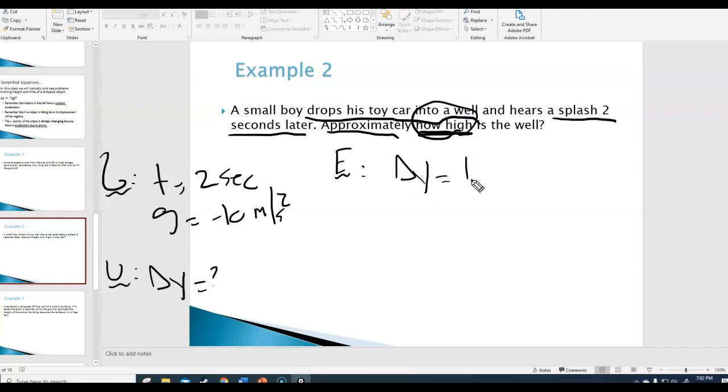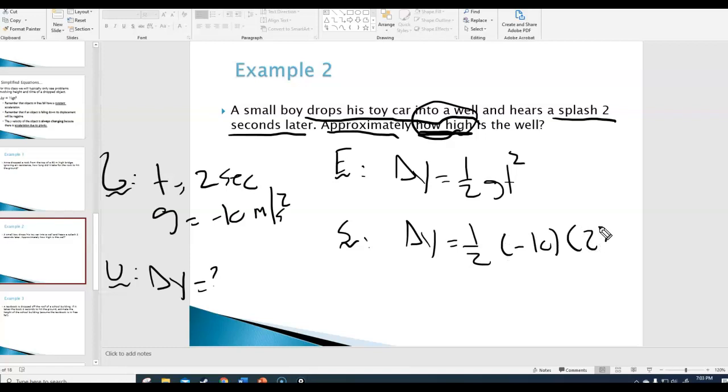Again, we only have the one equation that we're using right now, so we don't have to worry about picking and choosing equations. Delta y is my unknown, and now all I need to do is plug in.